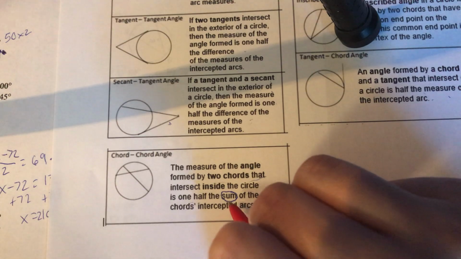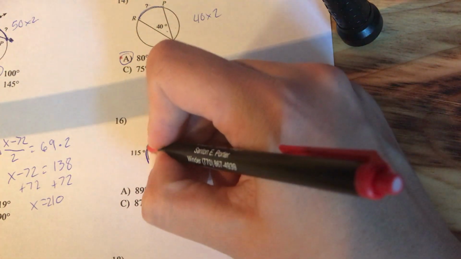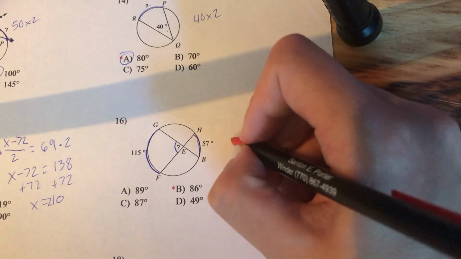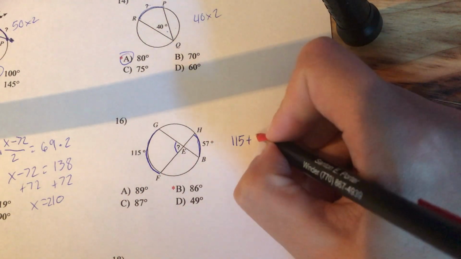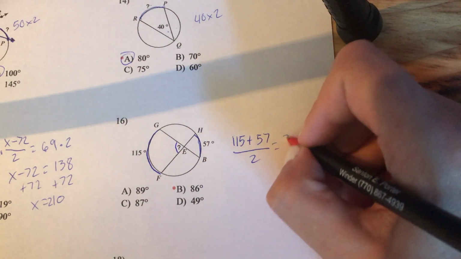This one is the sum of the intercepted arcs, so I need to add these. That's what sum means. So 115 plus 57 divided by 2 is equal to my question mark.